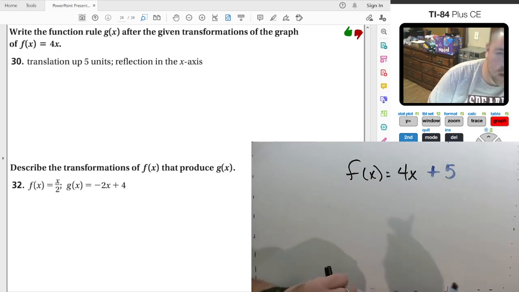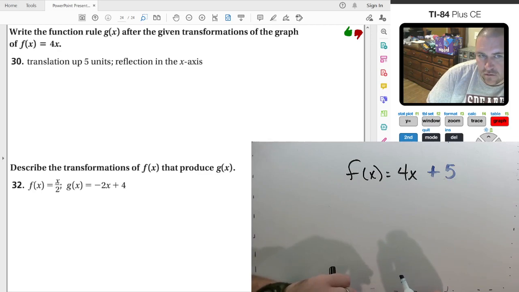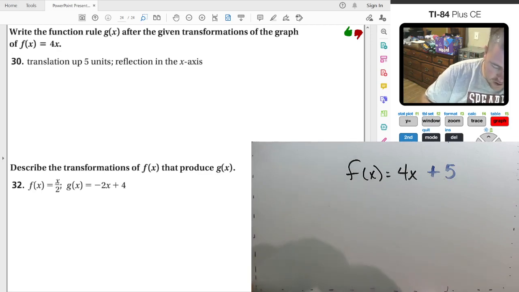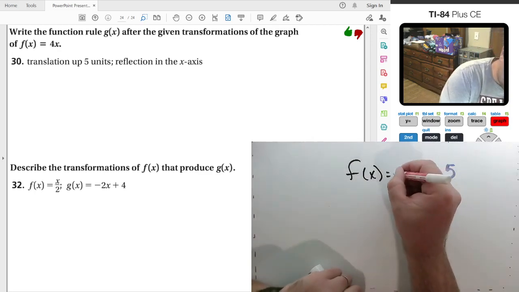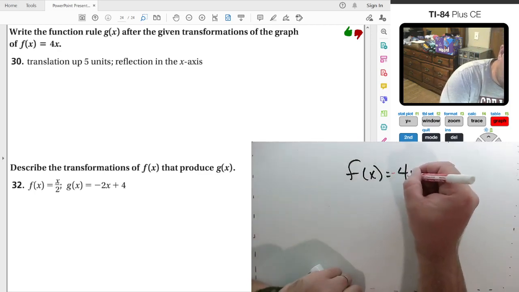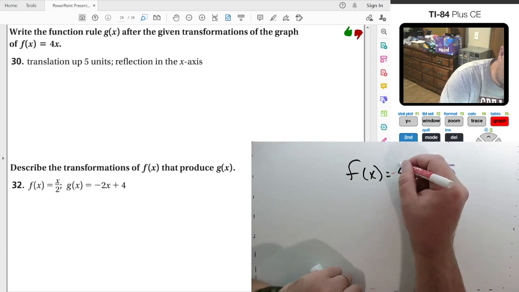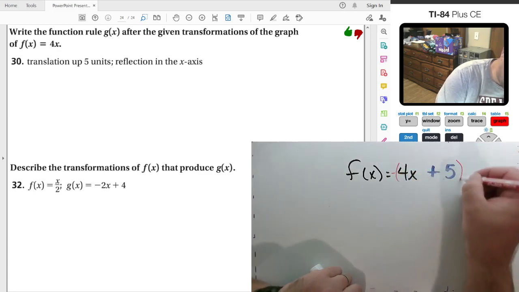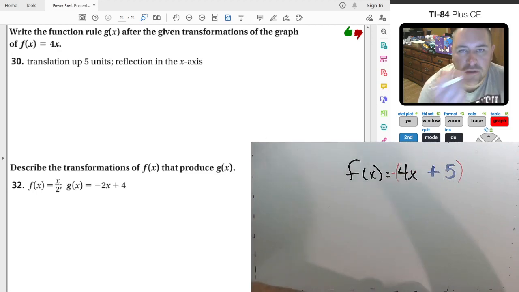Okay. The reflection in the x-axis. This is why I wanted to do this one. You're supposed to negate the entire thing, right? Not just the x, the entire thing. But that's going to change this plus 5, right?